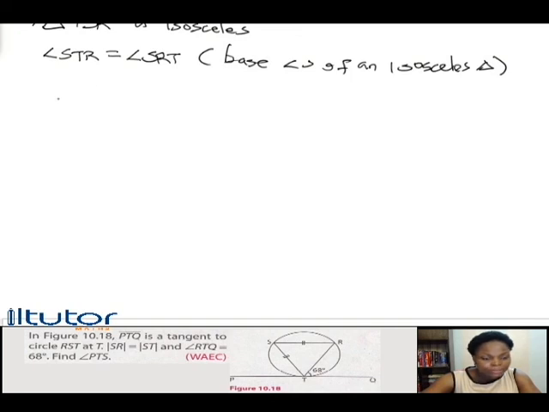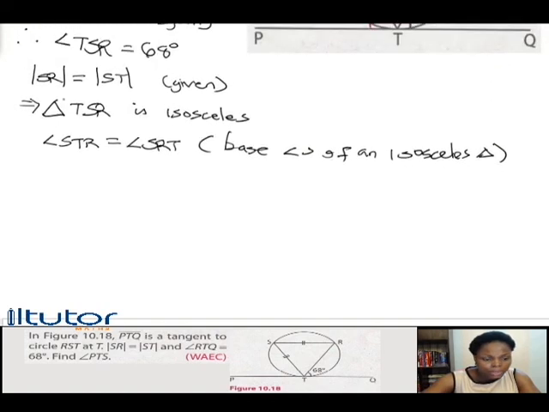So we have that angle TSR plus angle SRT plus angle STR is equal to 180 degrees.